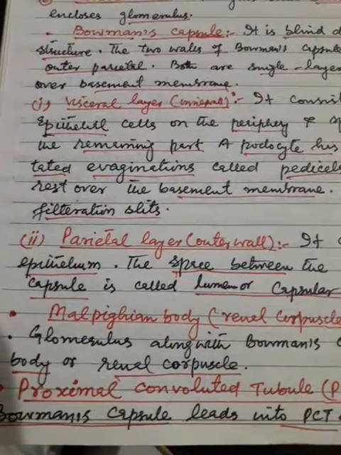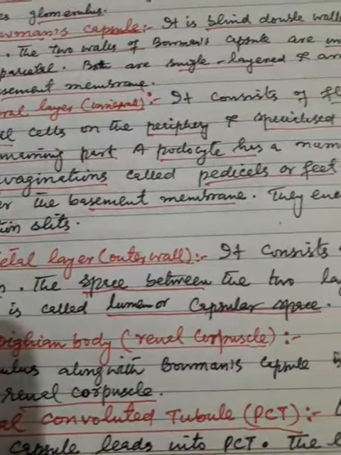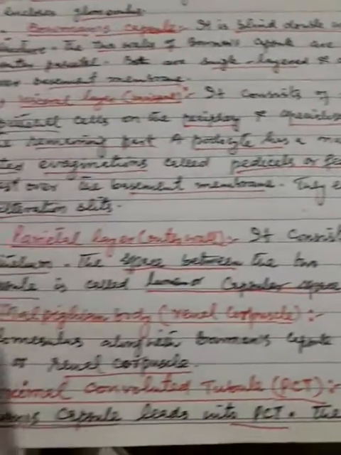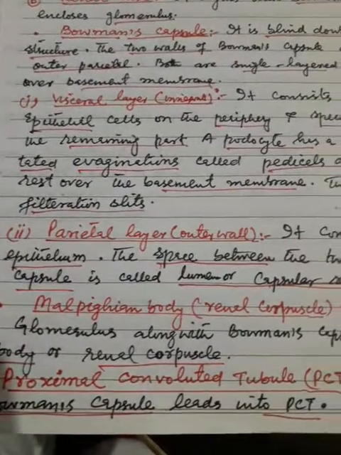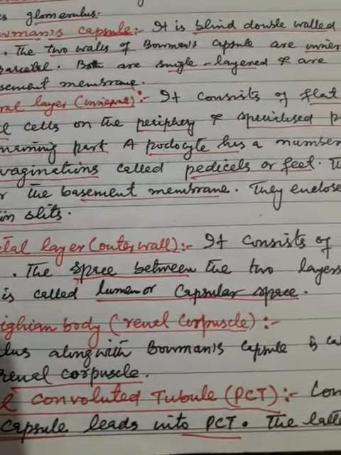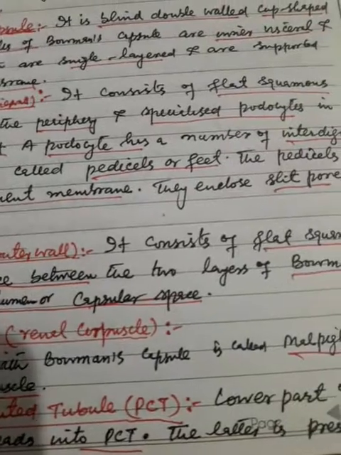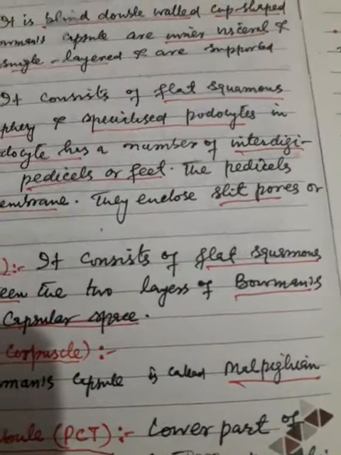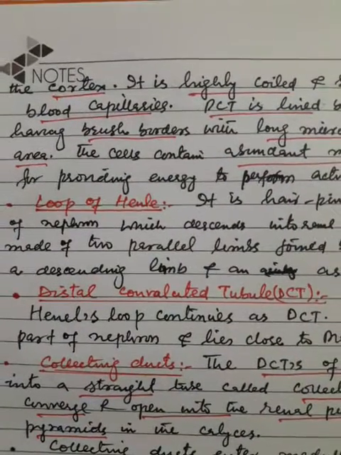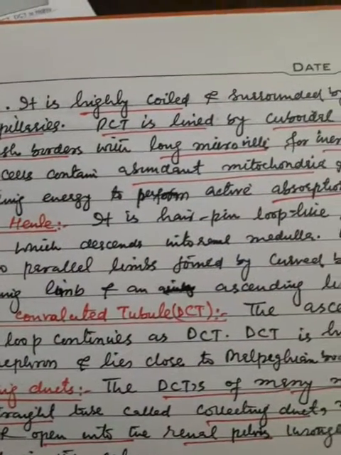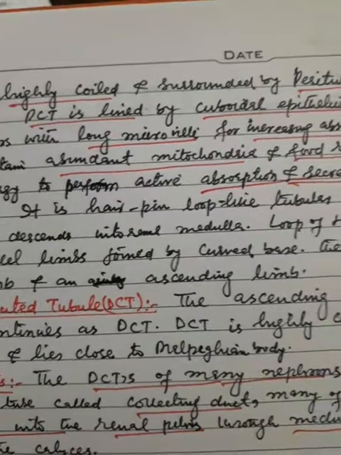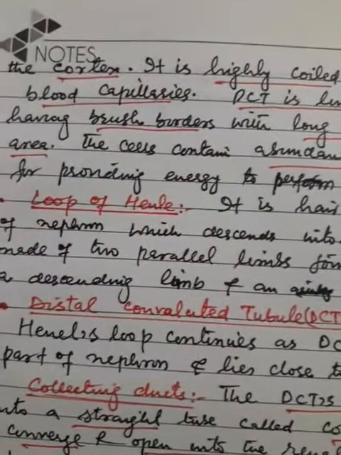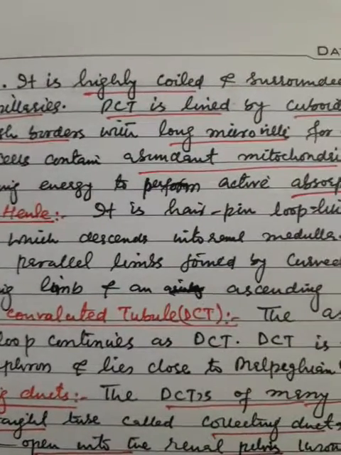Now, proximal convoluted tubule (PCT). Lower part of Bowman's capsule leads into PCT. The latter is present in the cortex. It is highly coiled and surrounded by peritubular blood capillaries.